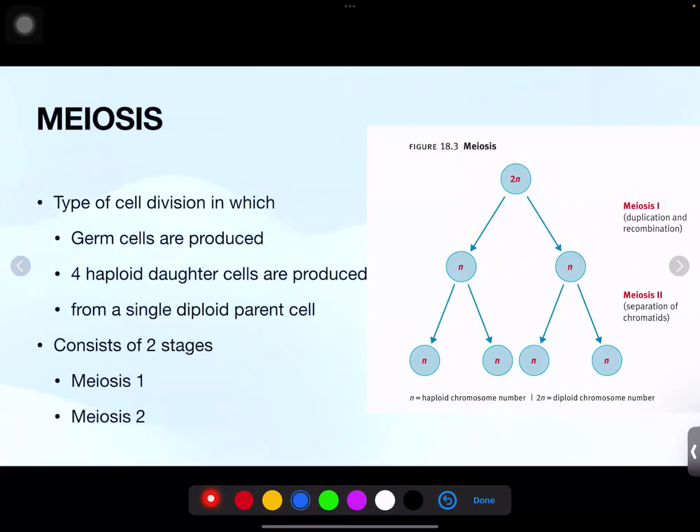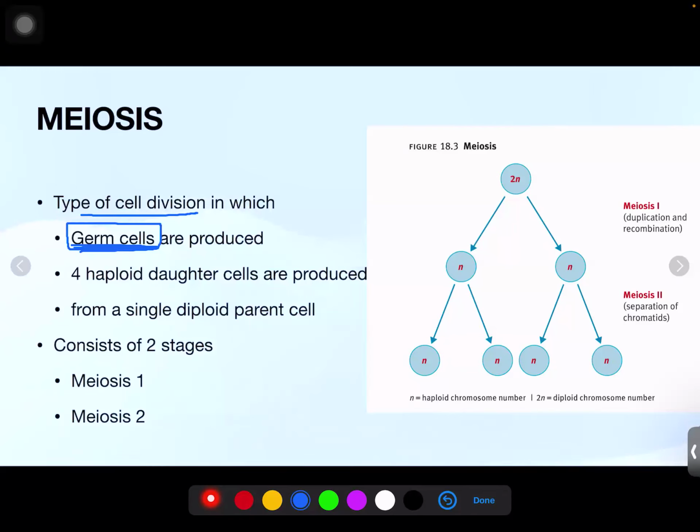Now, what happens in meiosis? It is a type of cell division in which germ cells are produced. Only in our body, meiosis happens during germ cell production and division. Previously I told you that only germ cells are haploid in number. There are no other cells that are haploid. So meiosis is also unique to germ cells.